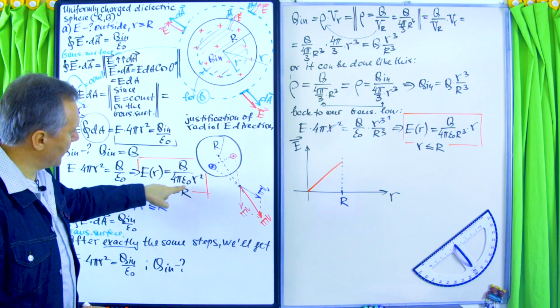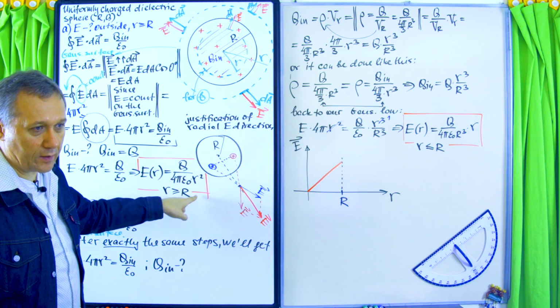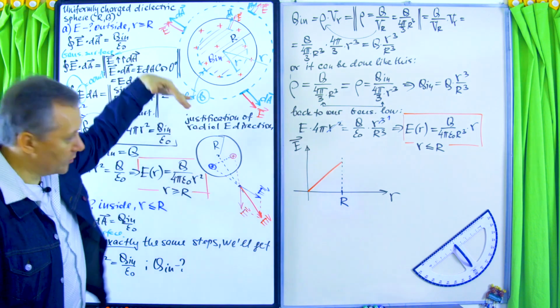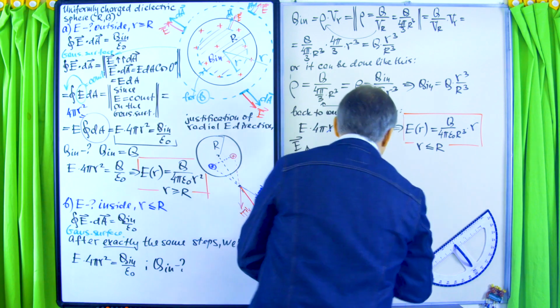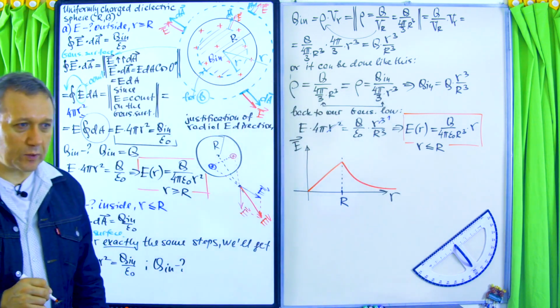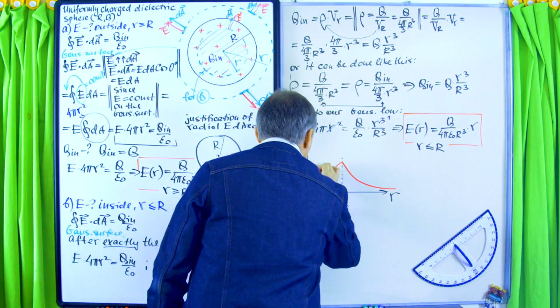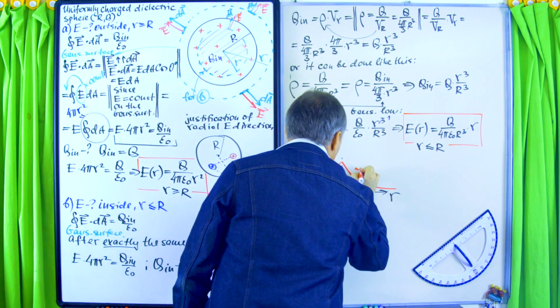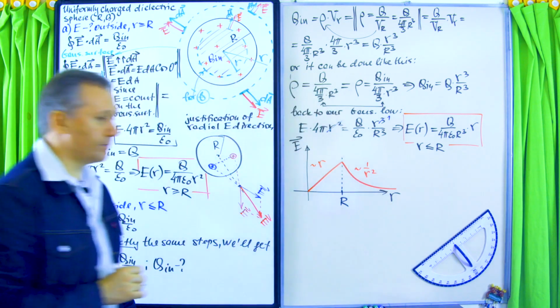And now outside: again, Q over 4 pi epsilon naught is constant, and the variable is over here. It's 1 over r squared. So it will be some kind of curve like that, something like this, decaying as 1 over r squared. So over here it is proportional to r, and over here it is proportional to 1 over r to the power of 2.